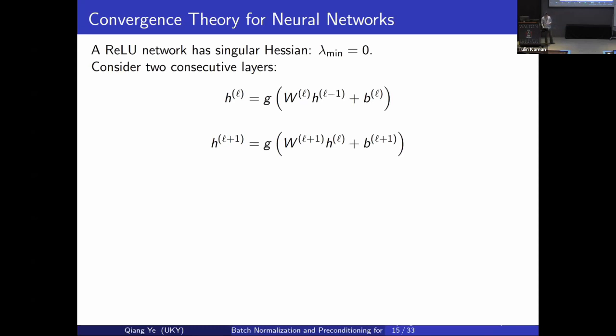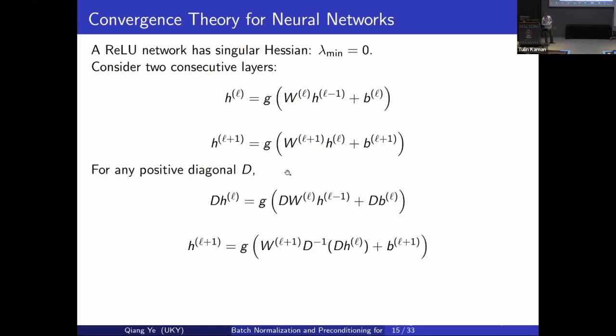Let me first look at how the Hessian becomes singular. If you look at two layers of a neural network, say layer L-1 and layer L, then H_L is defined from H_{L-1} like that, and H_{L+1} is defined like that. If it's a ReLU network, G is ReLU, then I take any positive diagonal matrix D and multiply it on the first equation there, D H_L.